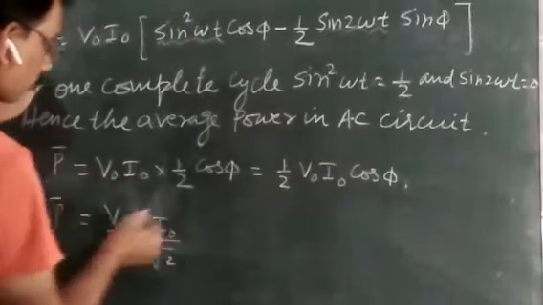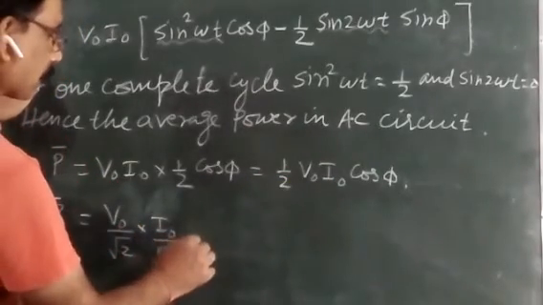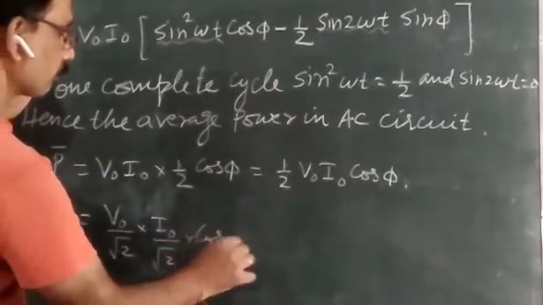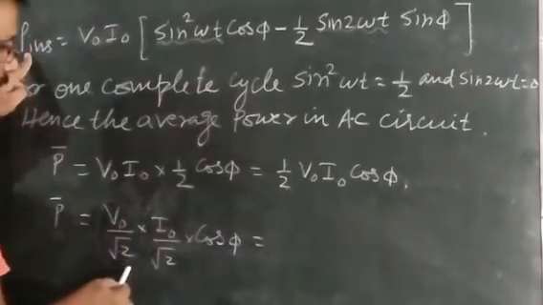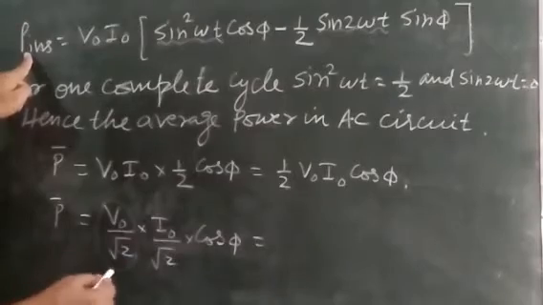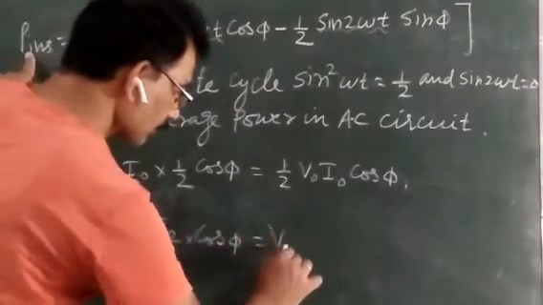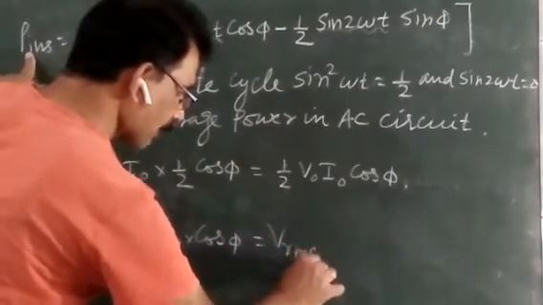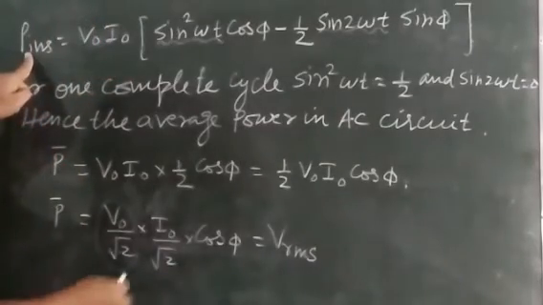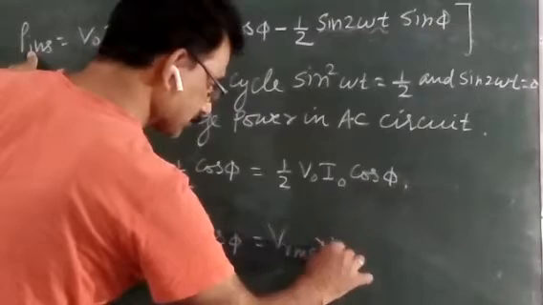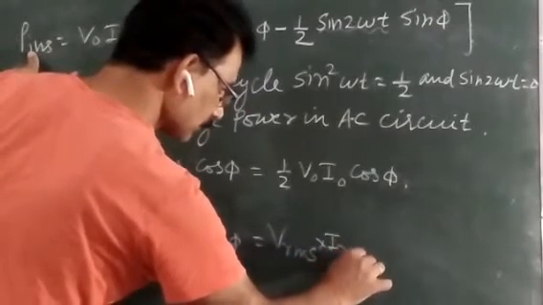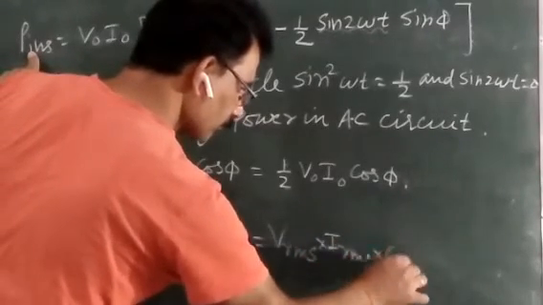And V naught I naught is already here, and here you can write into cos phi. And in place of V naught by root 2, I have already given the formula, what can you write? V RMS. And in place of I naught by root 2, you can write I RMS, and into cos phi.